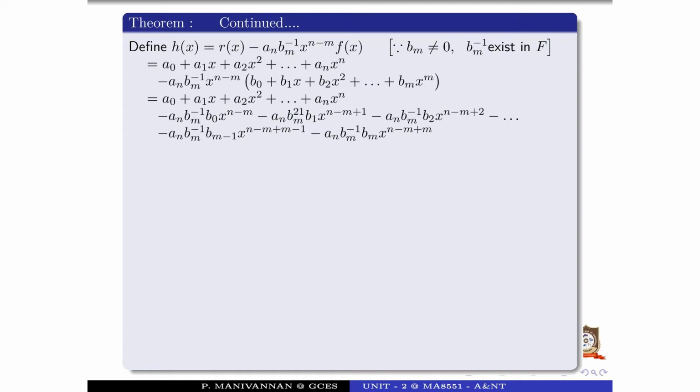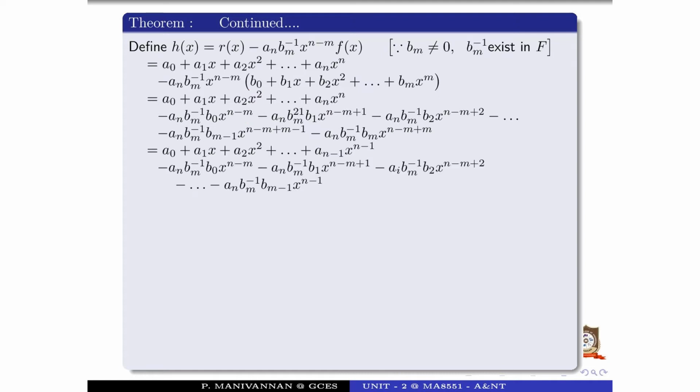Multiplying these terms inside, we get this term and so on. Multiplying this into this term, we get a_n. Here these two terms cancel, x power n: one has a minus symbol, the other a plus symbol. So this term is eliminated, and this element has maximum power n minus 1, x power n minus 1.